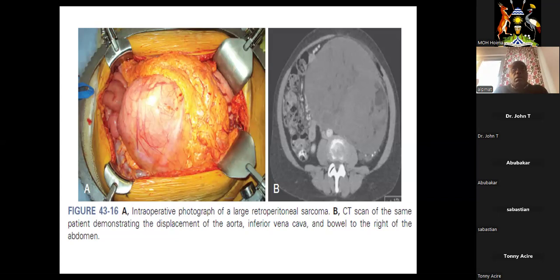But they will present with all the features of infection, as the presenter told us, with abdominal pain which is localized in the lower quadrants.